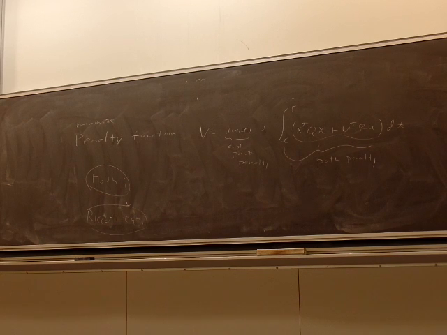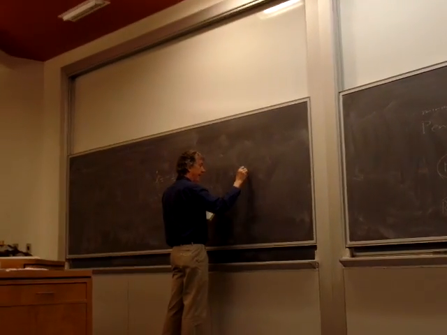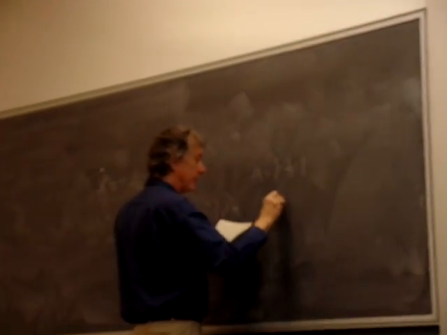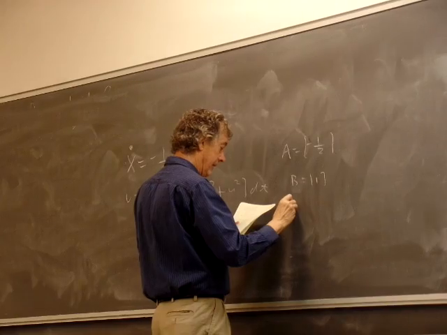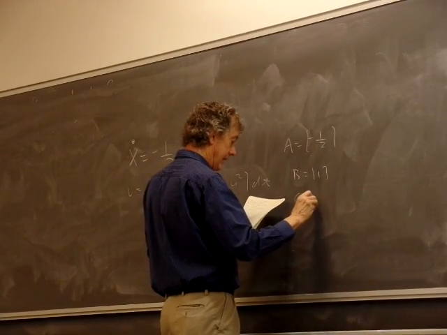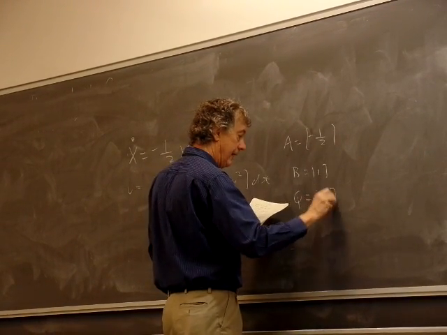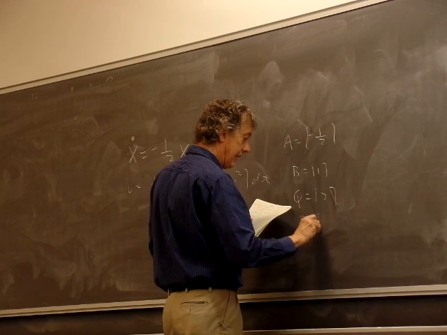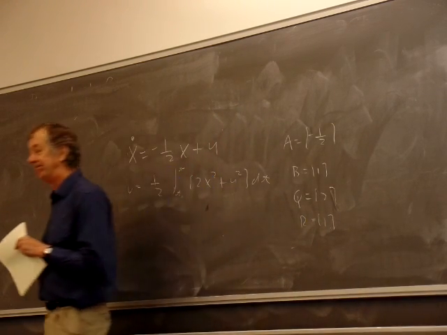U by scale of 1 and f by 2. And if you look at the matrices of this, it's a scalar, but really think of a scalar as a 1 by 1 matrix. A matrix, this will be 1/2. B matrix is 1. My Q matrix is a 2. And my R matrix is a 1. Okay.